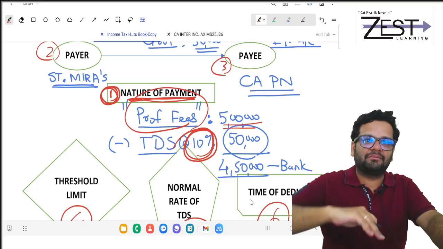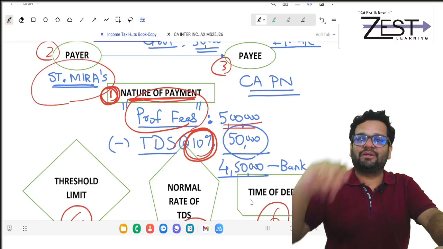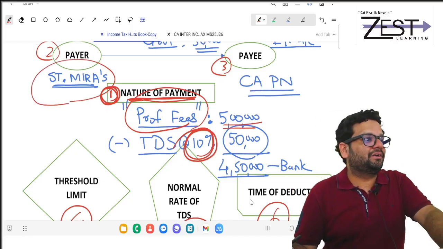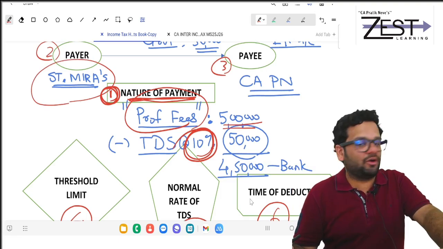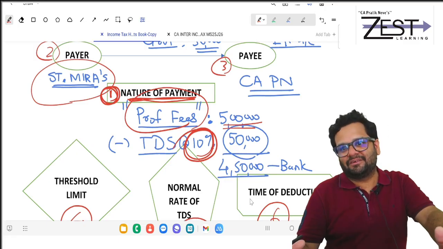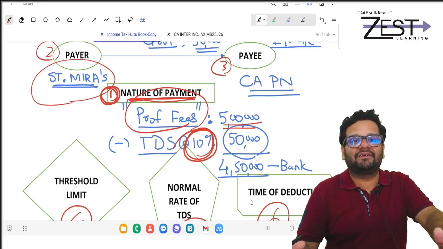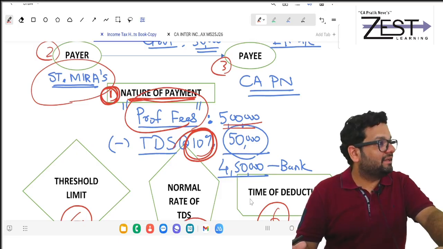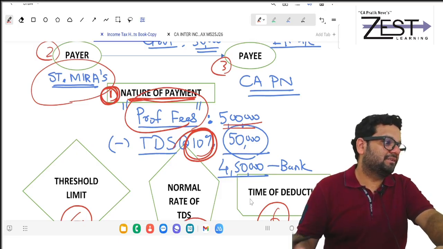Because who has told them? My payer only has told them. The payer told the government that this assessee has income of 5 lakhs. So now the payee cannot do anything. Payee can't say I will just hide it. Before me telling the government, the government tells me this is the income.